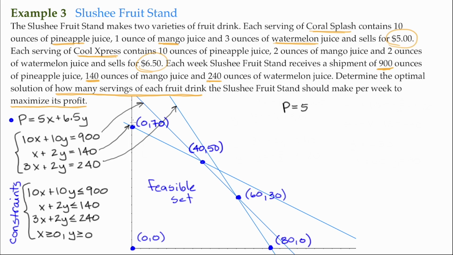So we'll do this coordinate up here, 5 times 0 plus 6.5. Of course, that's the price of the Cool Express, times 70. 6.5 times 70. And since we're talking about money here, that's $455.